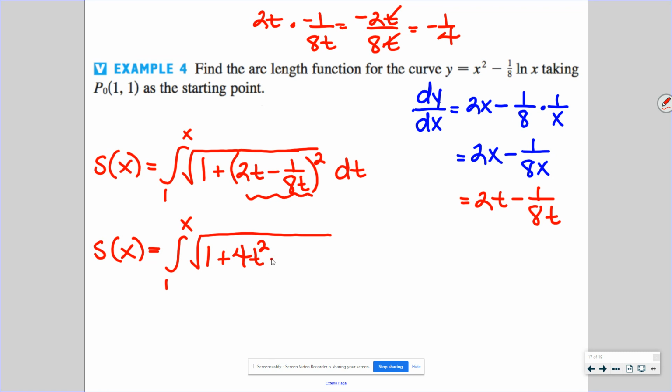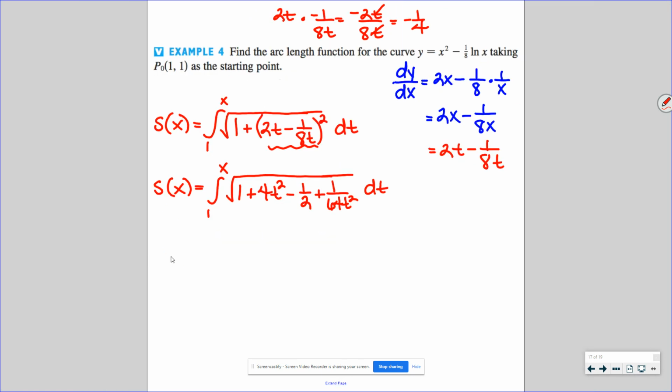But we want to double that value. So double negative 1/4 becomes negative 1/2. And then the last step is to square the last term, which would be 1 over 64t squared.